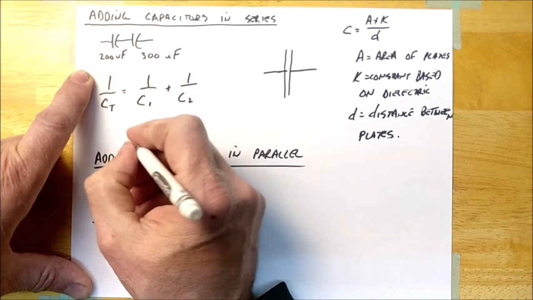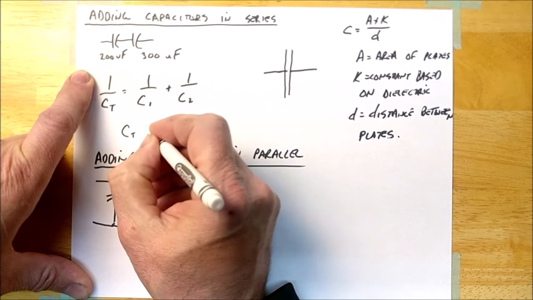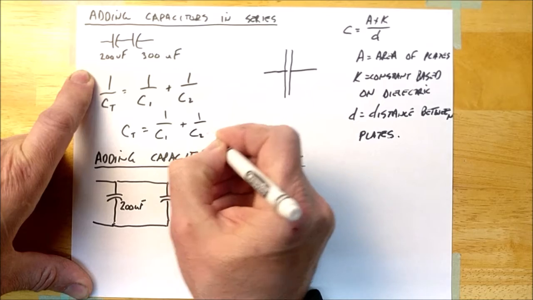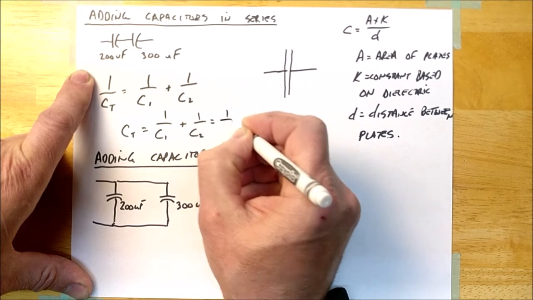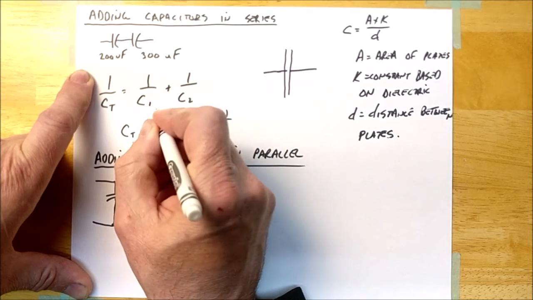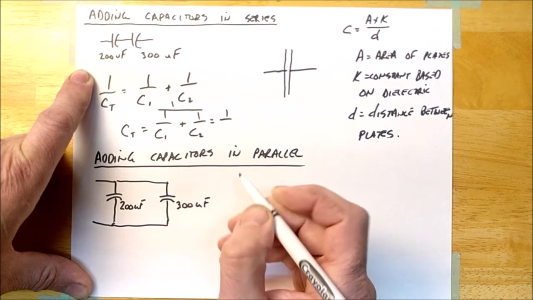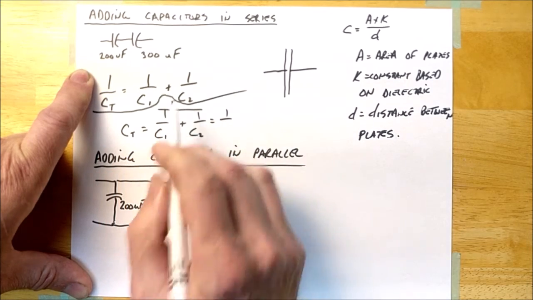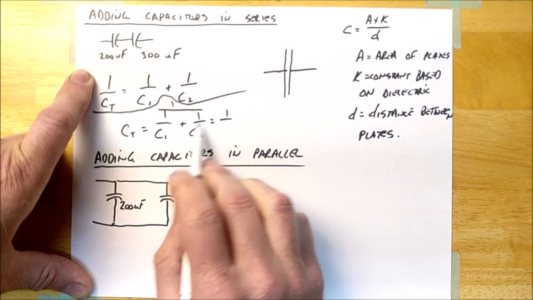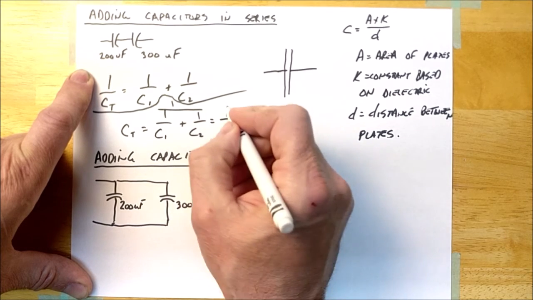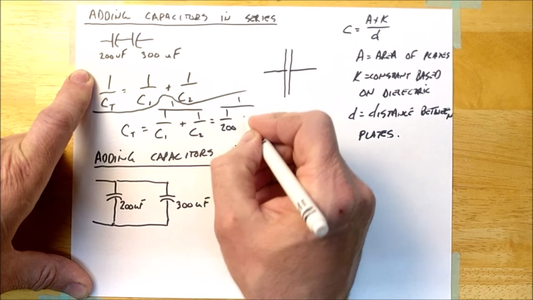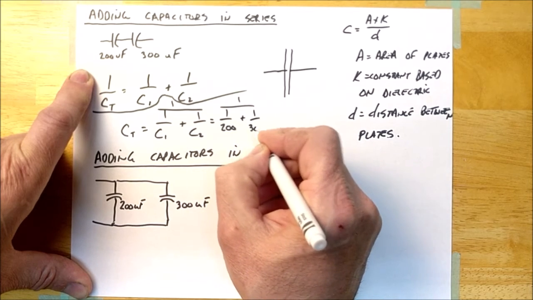Now, if I transpose that formula, C total will be equal to 1 over C1 plus 1 over C2, all over 1. It's kind of getting messy here, okay? So it's going to be 1 over 200 plus 1 over 300.